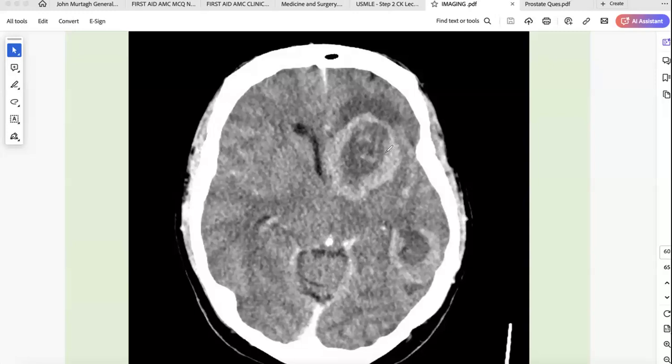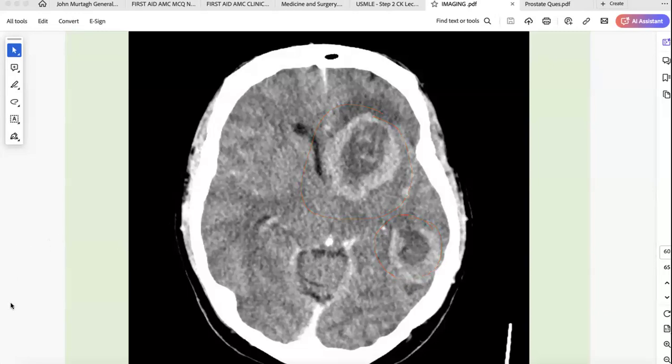In metastasis in the brain, most of the time you will get this kind of shadow: whitish on the surrounding and then blackish or grayish pattern in the middle. Same in here, you have got multiple. When you get multiple, you can easily think of metastasis as the likelihood.